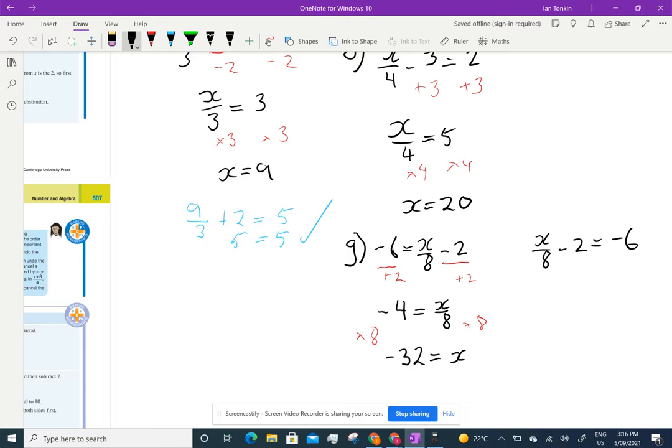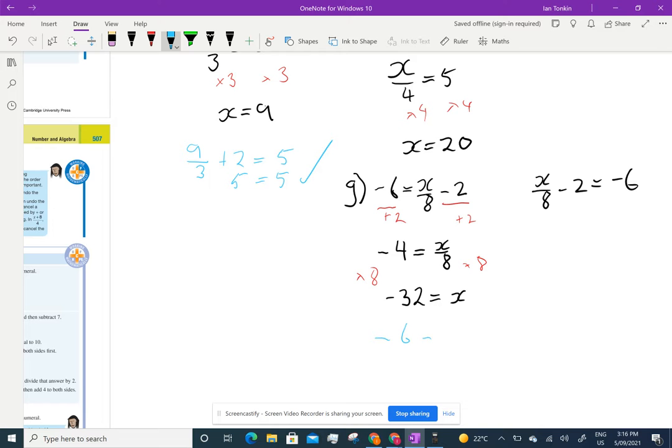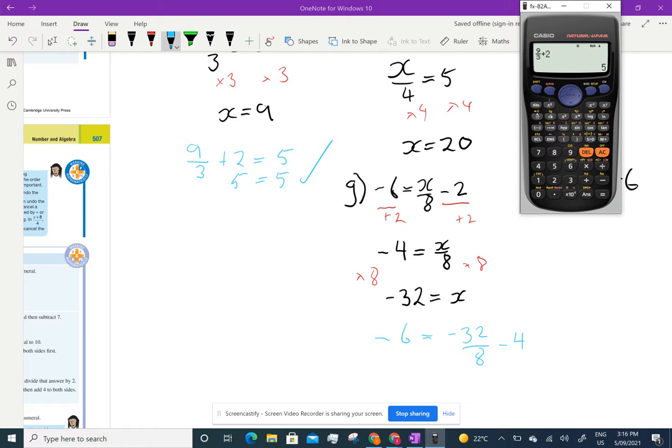Now that was a bit of a hard question, so let's check. Does negative 6 equal negative 32 on 8 minus 4? Well, negative 32 on 8 minus 4.